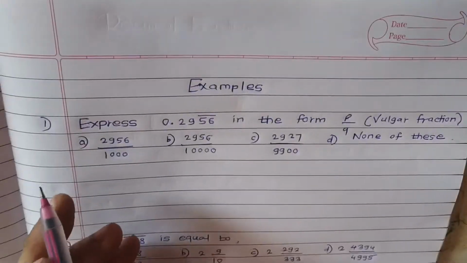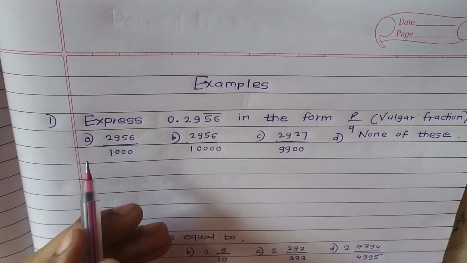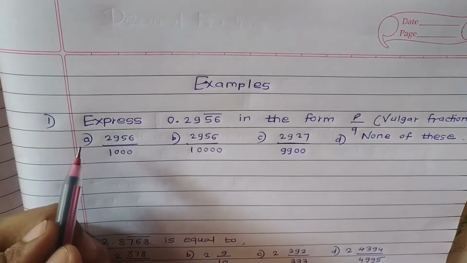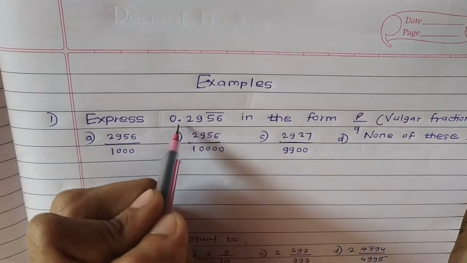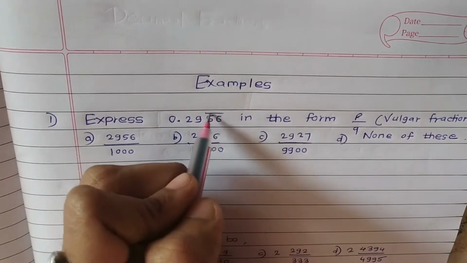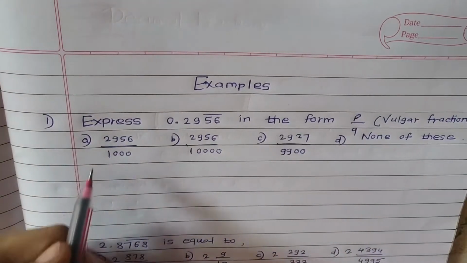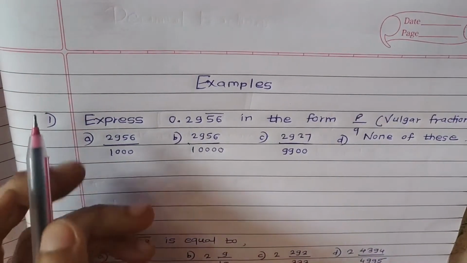Now let's discuss more examples. These examples are asked in exams. First example is express 0.2956 bar in the form p by q, that is vulgar fraction. How to convert this fraction?